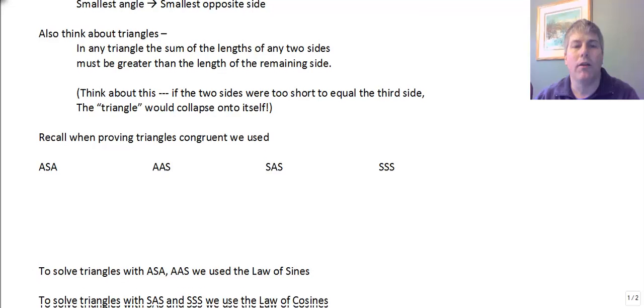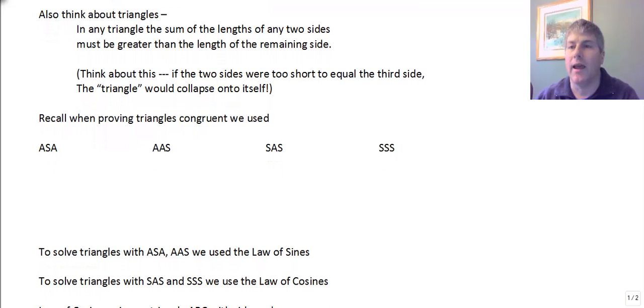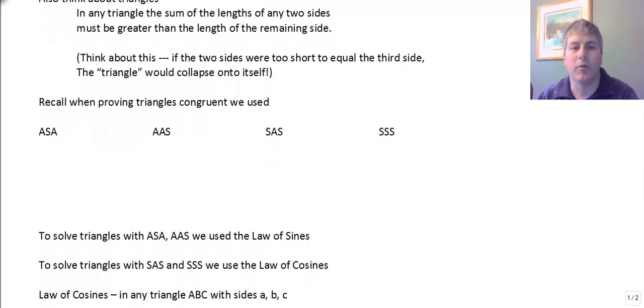So recall that when we proved triangles congruent and when we used the law of sines, we were looking for particular combinations. We were looking for angle side angle or angle angle side, or we also did side side angle with the law of sines. Okay, so to solve triangles with angle side angle, angle angle side, and side side angle, we used the law of sines.